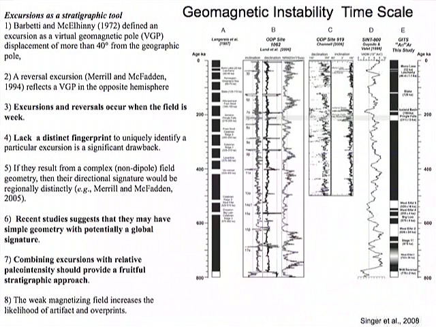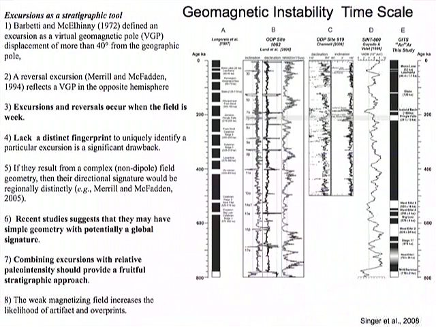They're short-term reversals that occur throughout history, and we're now finding that they're common features of the geomagnetic record. Here's an example of them as recovered in the Bermuda Rise ODP drilling, where these features are very common in both declination and inclination.